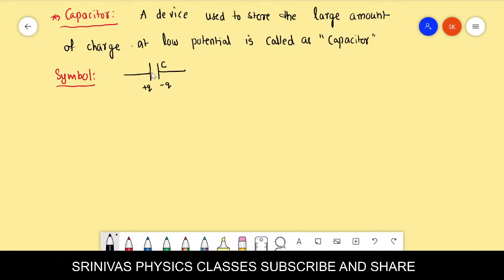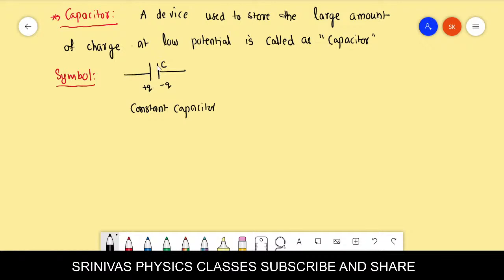That capacity is denoted with C, right? If it can store more amount of charge, its capacity is more. If it stores less amount of charge, its capacity is less. This is the symbol of capacitor. Okay, this is the constant capacitor. That means its capacity does not change. Okay, generally the battery symbol will also be the same, but one big line and the other one is a small line.